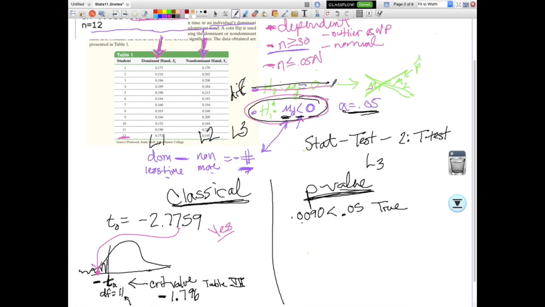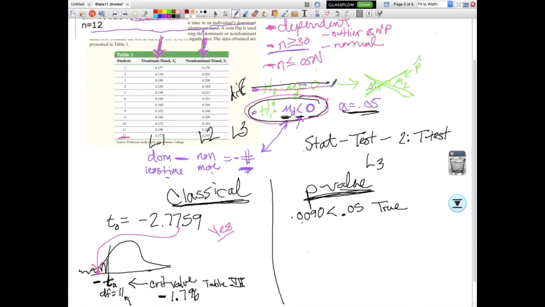If you were to write this out officially, and I'm not going to write it just because I feel like this pen actually makes some ticking noises in there, you would say something like, there's enough evidence at a 0.05 level of significance to say that the dominant hand reaction time is less than the non-dominant hand. Right? That's what we were testing. Is it less than the non-dominant hand?